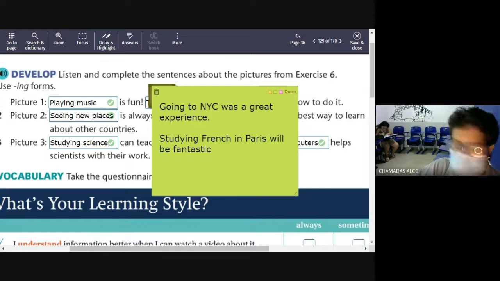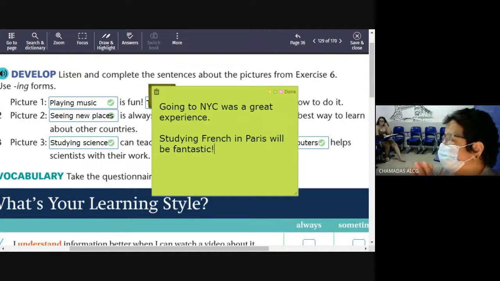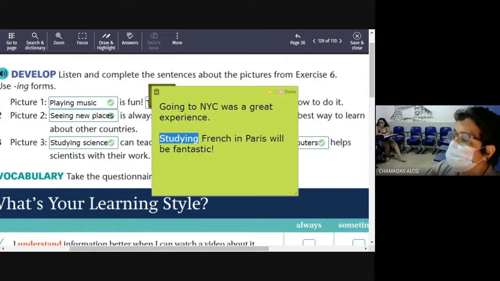Look, I'm giving an example of a course in Paris that I want to do in the future. So I can use the verb as the subject and have a sentence in the future. It's okay, right?